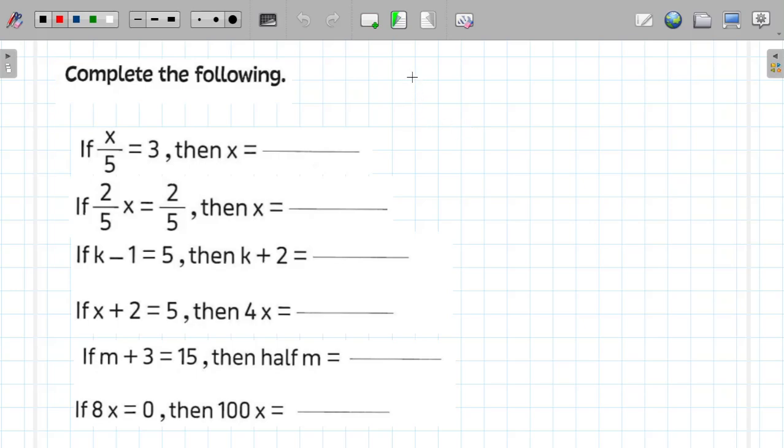So I can say x over 5 multiplied by 5 equals 3 multiplied by 5. Okay, so 5 cancels 5, so it will be just x, and 3 times 5 equals 15. So the value of x is 15.